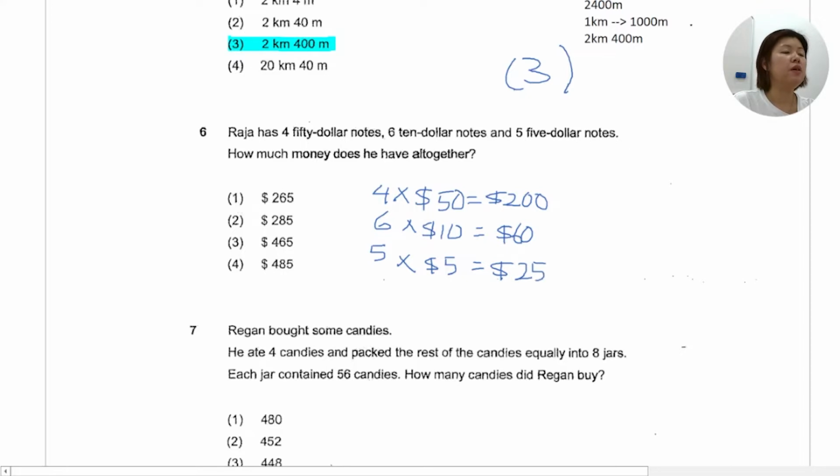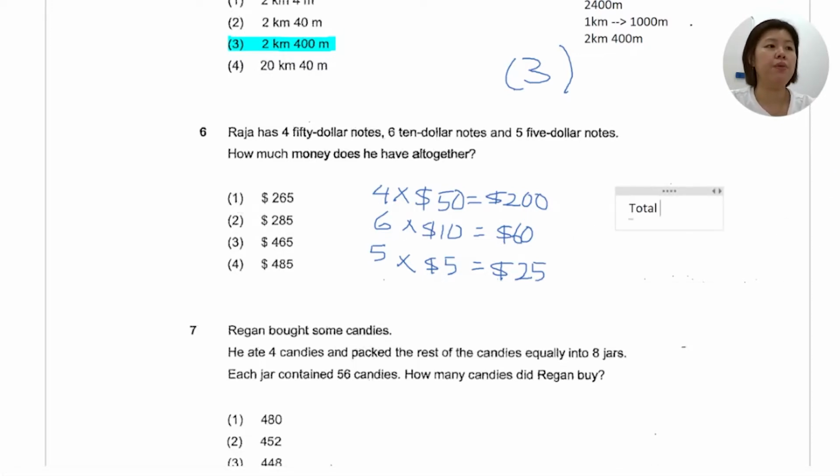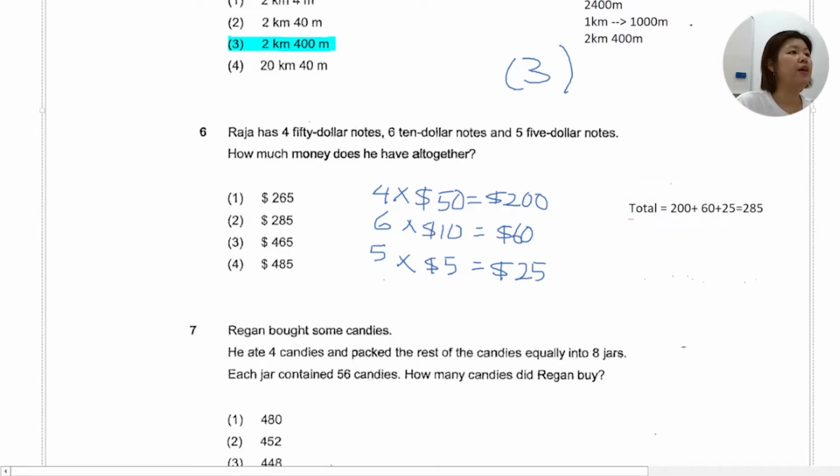So the total will be 200 plus 60 plus 25 equals 285, which is answer number 2.